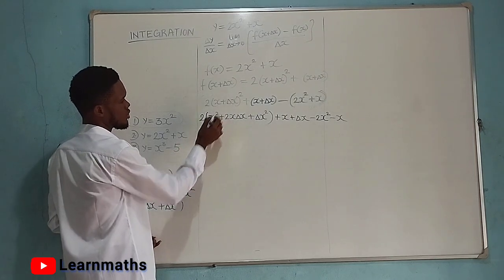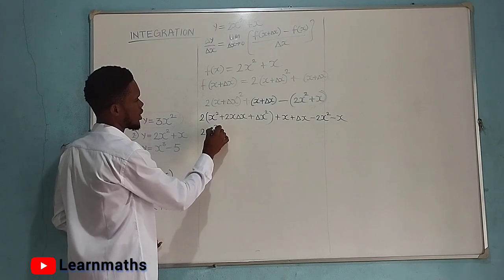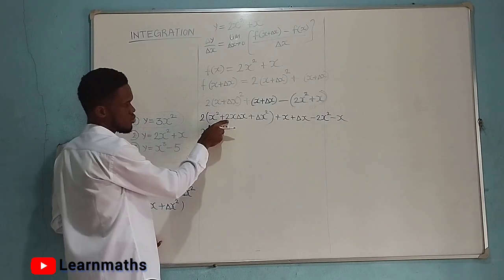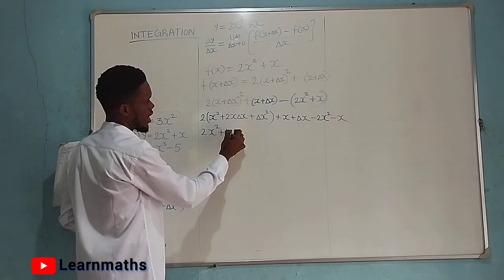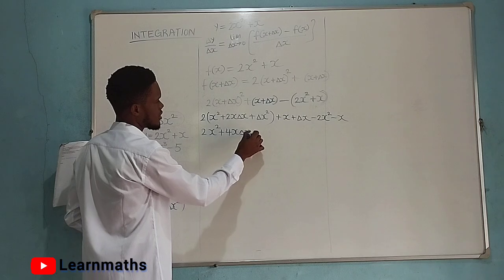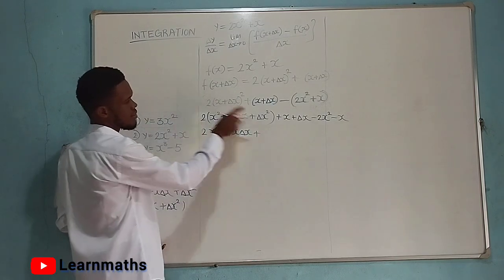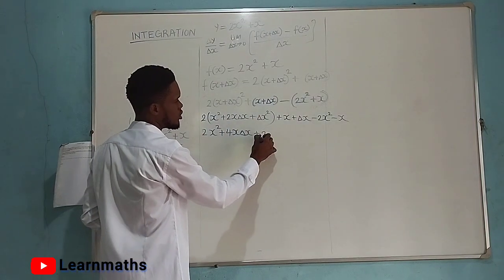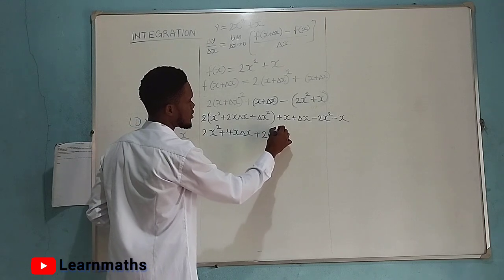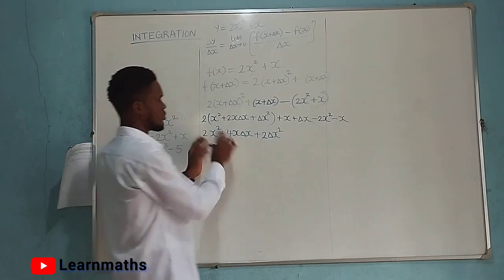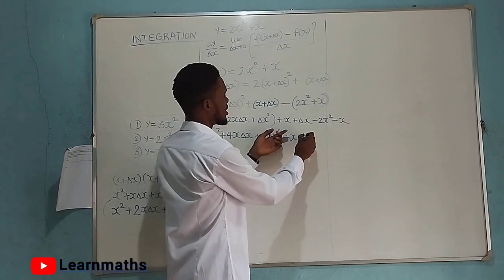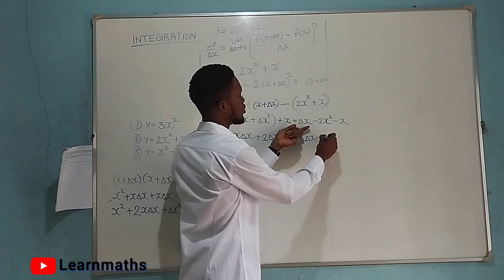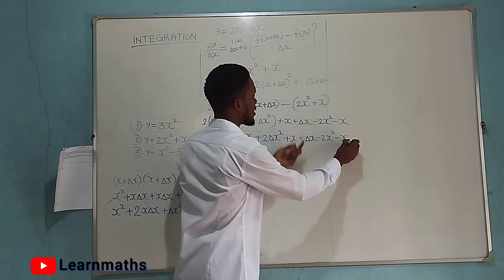So 2 times x squared, that's going to be 2x squared. Then 2 times 2x change in x, that's going to be 4x change in x. Finally, 2 times change in x squared, that's going to be 2 change in x squared. So we have plus x plus change in x minus 2x squared minus x.